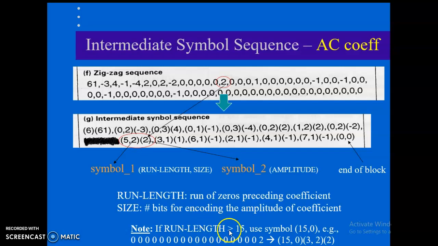Note if the run length is greater than 15, use symbol (15, 0). Example: 15 zeros, then 3; (15, 0), (3, 2), 2.